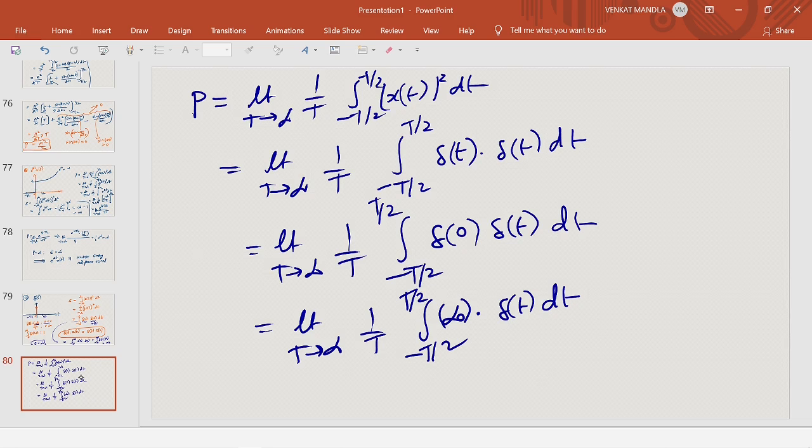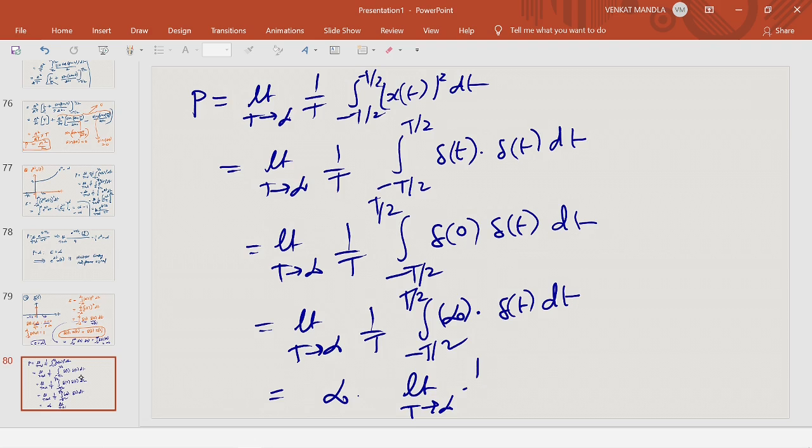What do you get? You multiply with infinity into limit T tends to infinity, 1 by T, integral of minus T by 2 to plus T by 2 of del of t dt. Infinity is not a function of time, so that is why I can bring this outside. This value, what do you get? The area of del of t from minus T by 2 to plus T by 2 is 1.